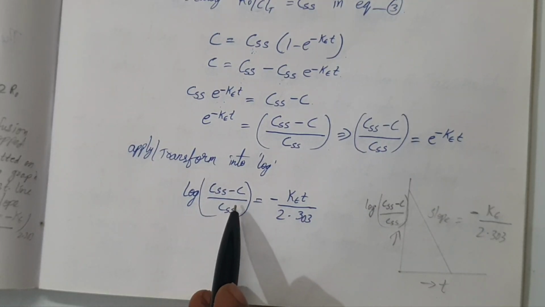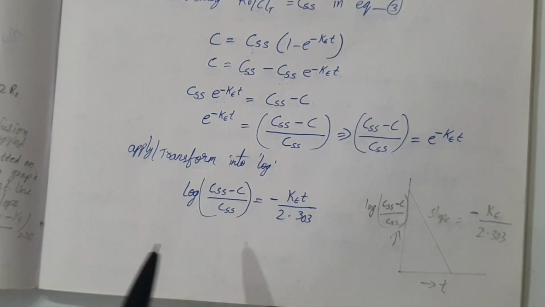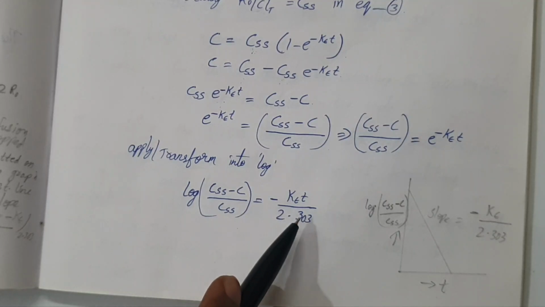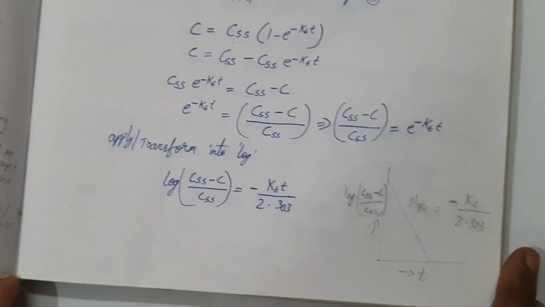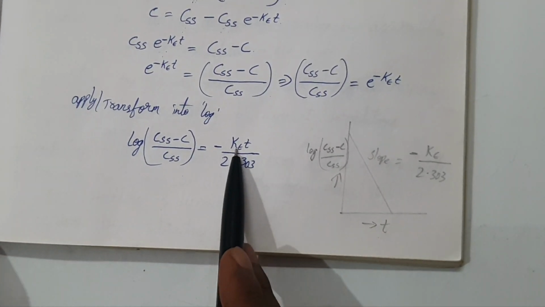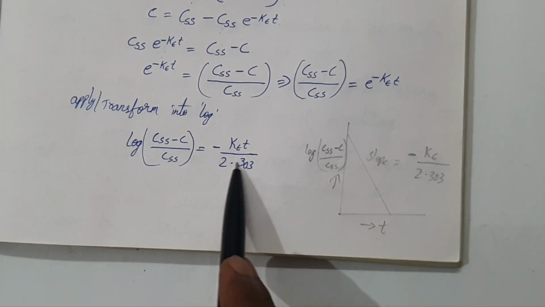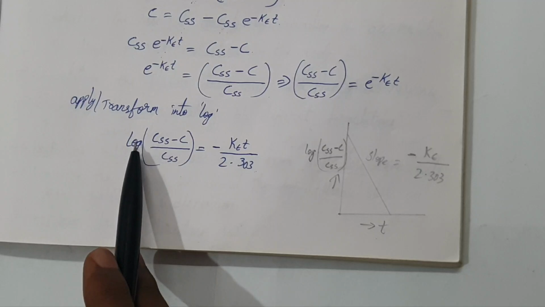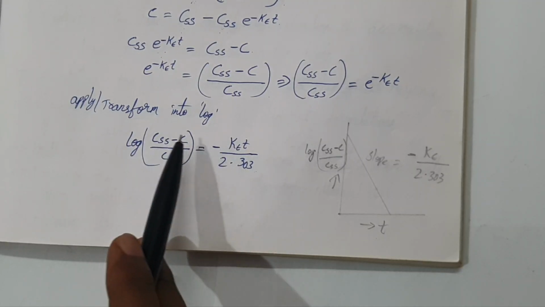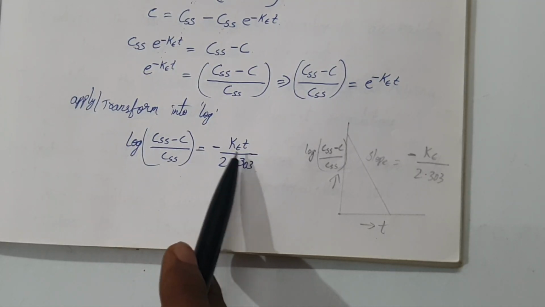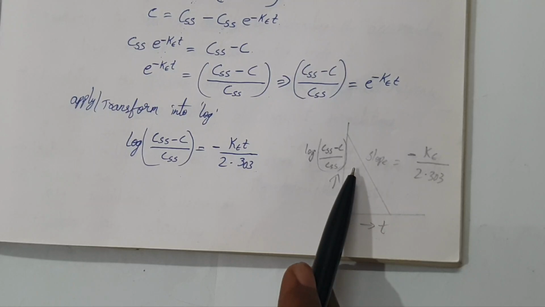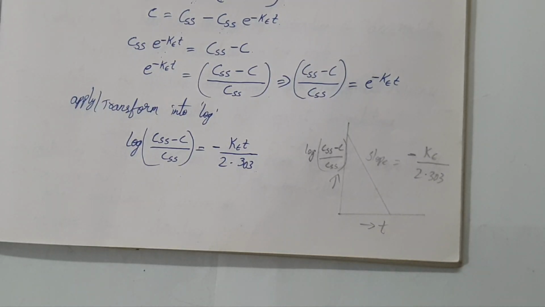Log of CSS minus C divided by CSS equals minus Ke t divided by 2.303. And when you plot a graph with slope minus Ke divided by 2.303 and intercept log of CSS minus C divided by CSS, you will get this type of graph.